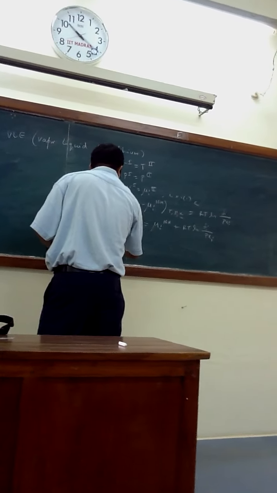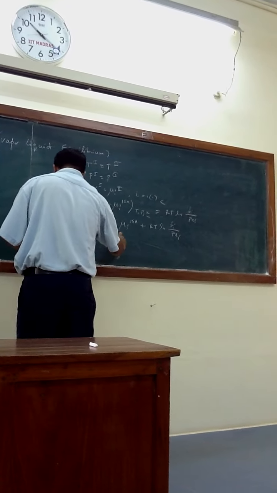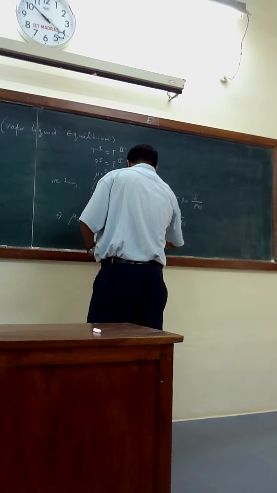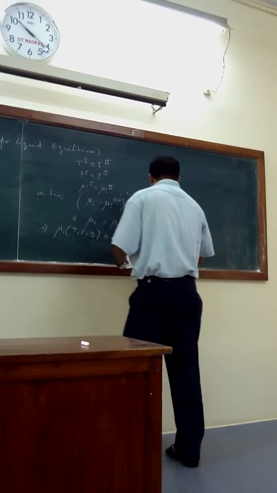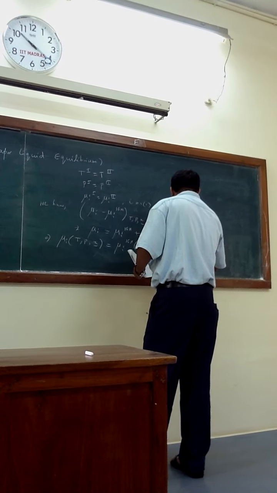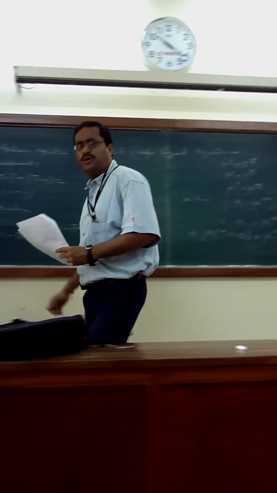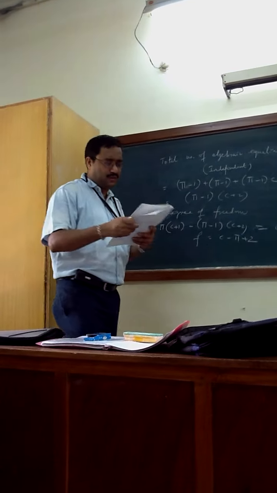If you talk about the functions, μ_i(T,P,x̄) is μ_i^IGM(T,P,x̄) plus RT ln(f_i/(P x_i)). So far everything is fine. I am doing all the old things, the kind of things already discussed.